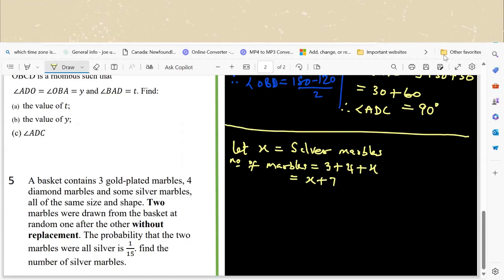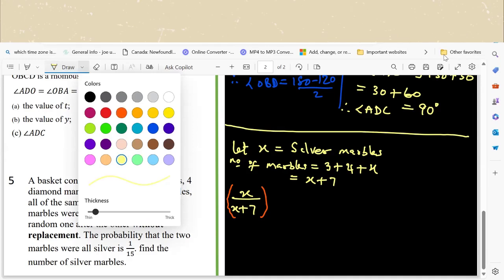Now, 2 marbles were drawn from the basket at random, one after the other without replacement. The probability that the 2 marbles were all silver is 1/15. So drawing the first silver, we have S silver. So the first silver is S all over the total, then times the second silver.